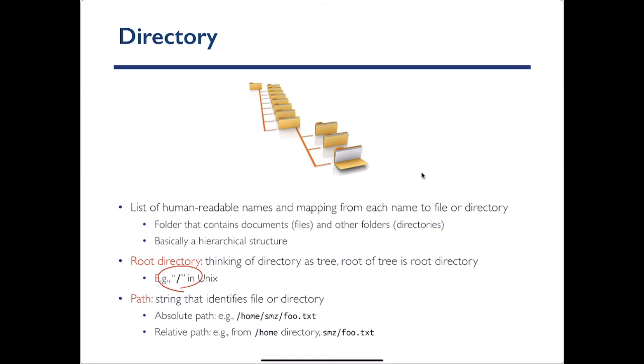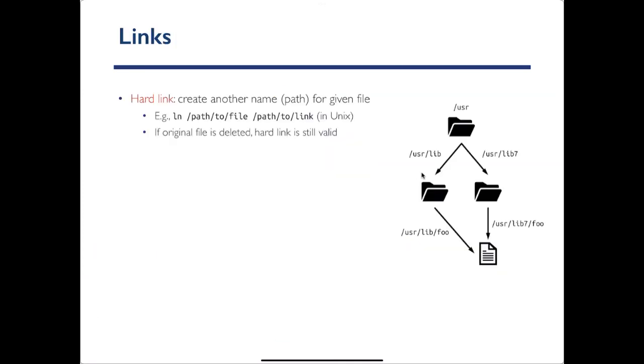Let's say you want to do a relative access to this foo.txt residing in the SMZ directory, which resides in the home directory, which resides in the root directory. Let's assume that we want to produce a relative path from the home directory. Then we just go from SMZ to foo. This should definitely be familiar to you from ECE 252.